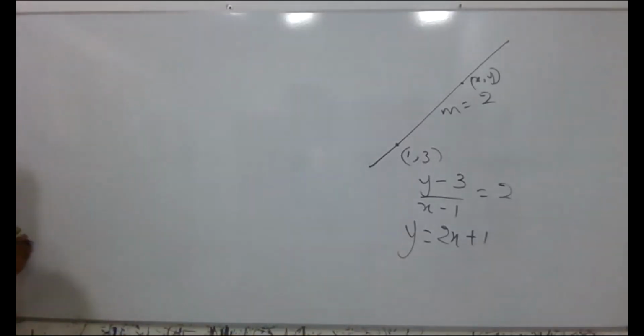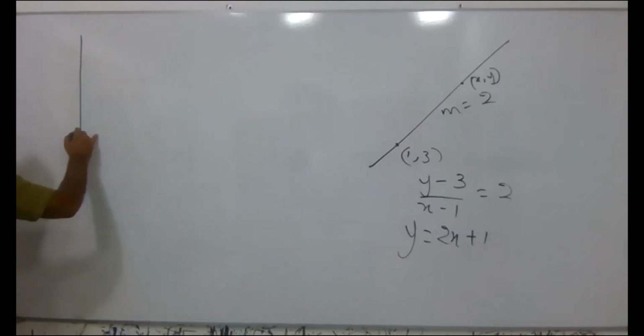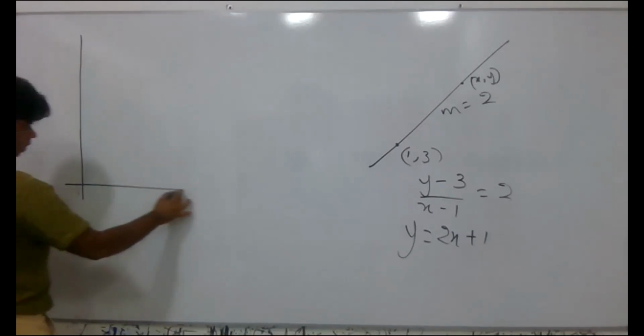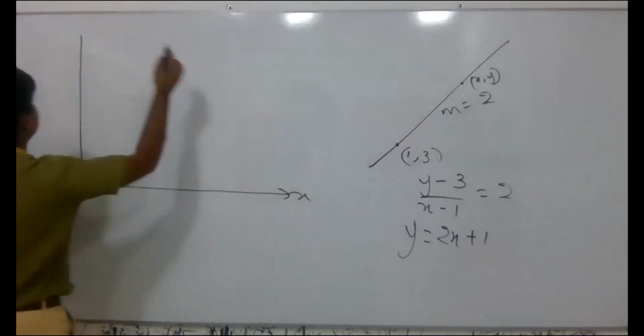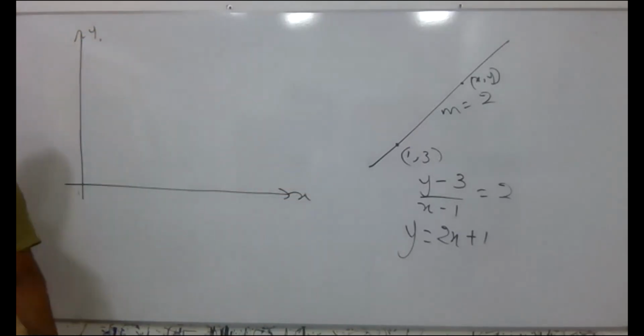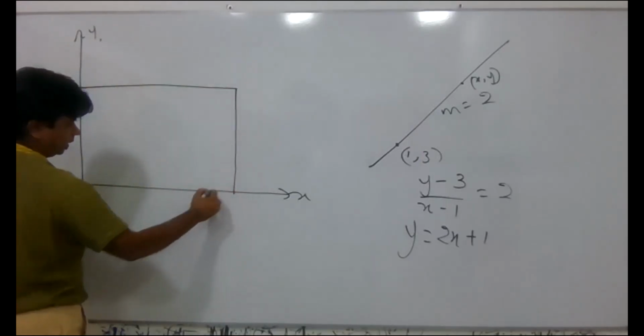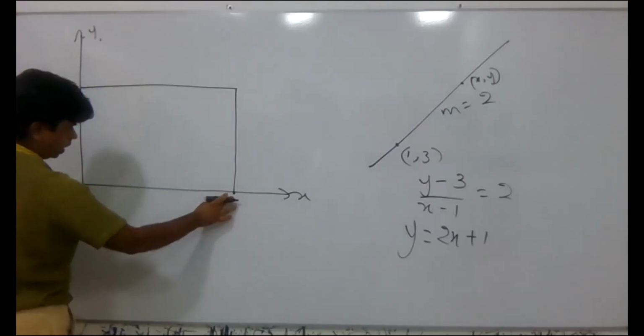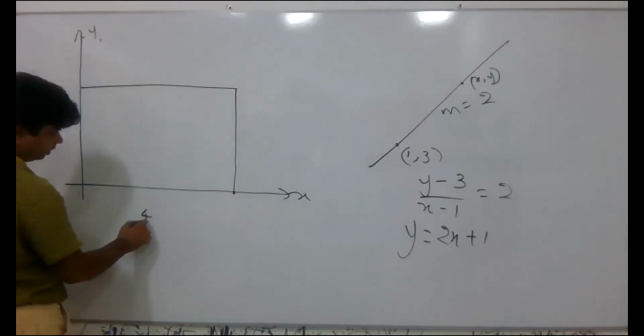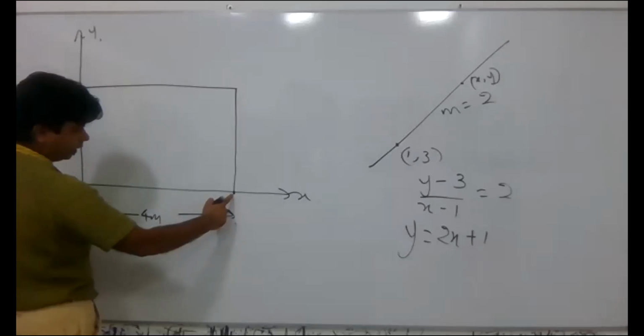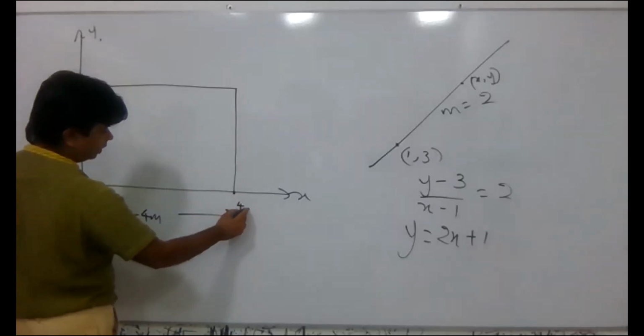Now I will take a system of coplanar forces. Now x, y. I will model a system of coplanar forces with a rectangle like this. Now suppose that this length is 4 meters. If you take 1 meter as 1 unit, you can take this coordinate as 4,0.